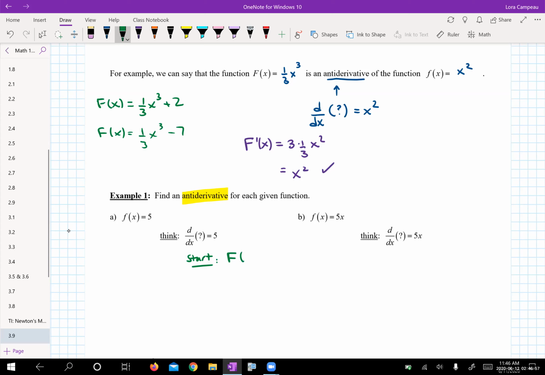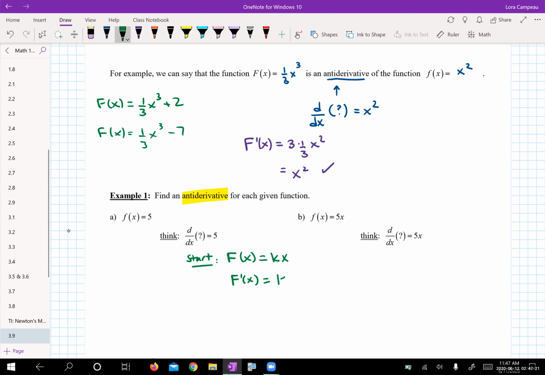So a lot of times what we'll do is set our capital F of x equal to a constant k times x. If we took the derivative of that, we would get a k. Gotta be careful, k is the constant, not x.